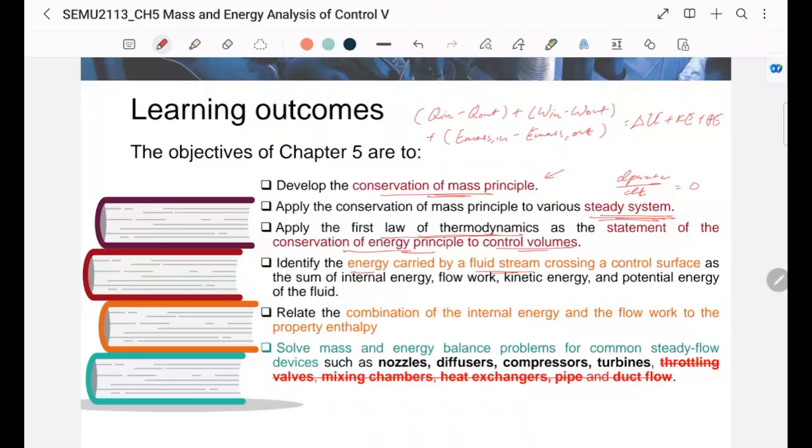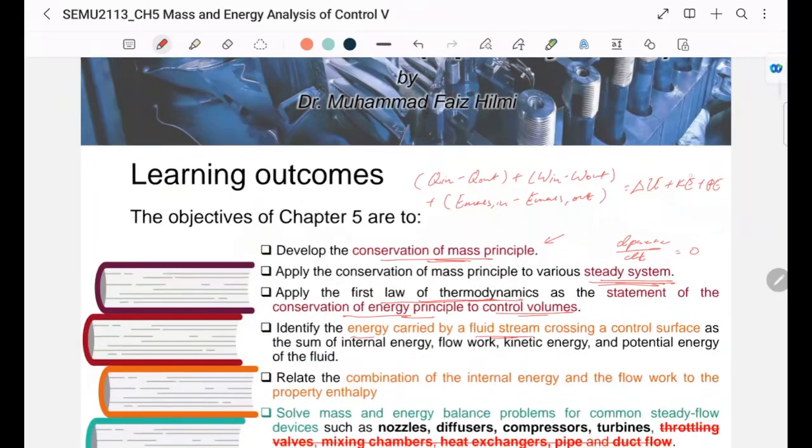If our system is not moving, the whole control volume is not moving, there's no change in velocity, then kinetic energy is 0. If there's no change in elevation, the potential energy is also equal to 0.